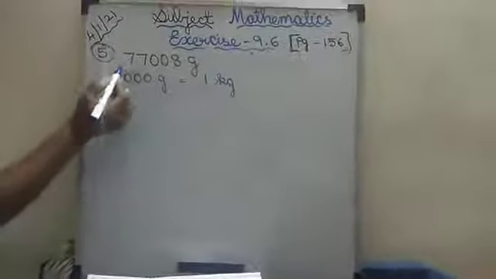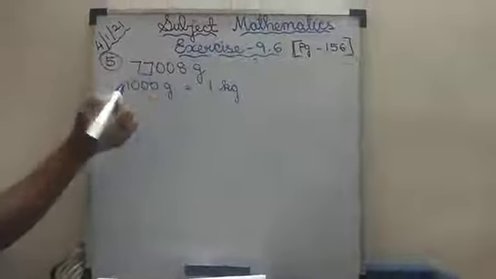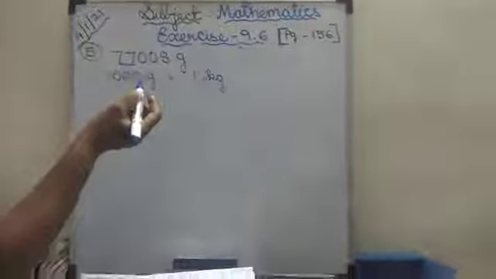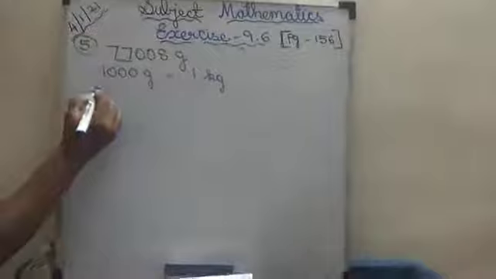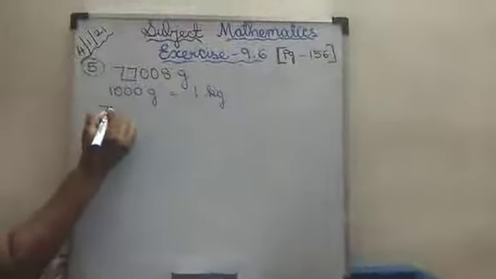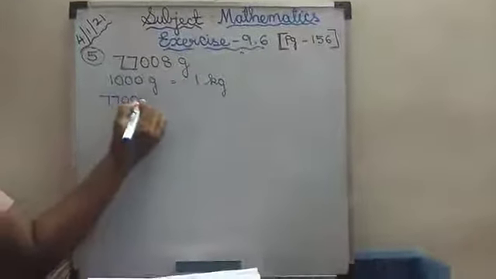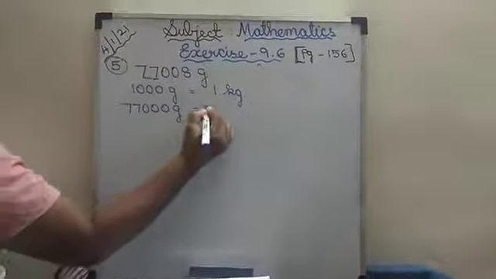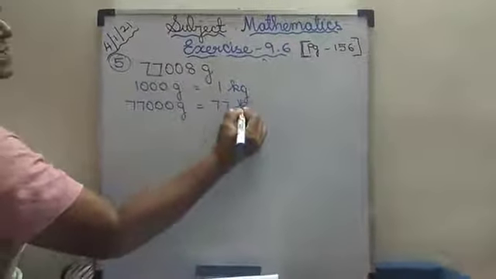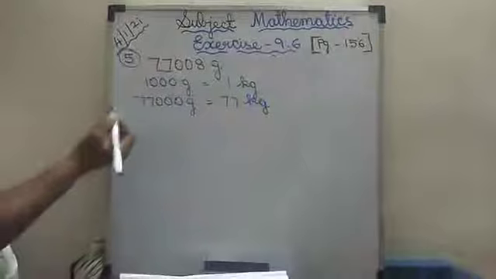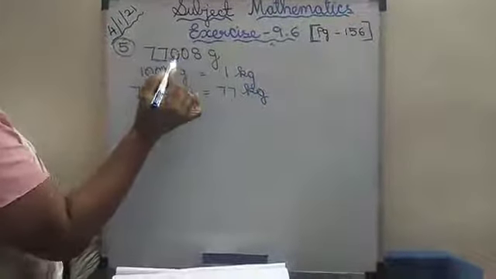Here when you read out what is coming, children? 77,000. So what you have to write, children? 77,000 gram is equal to what will come? 77 kg. Understood, children? Only 3 numbers you have to leave.